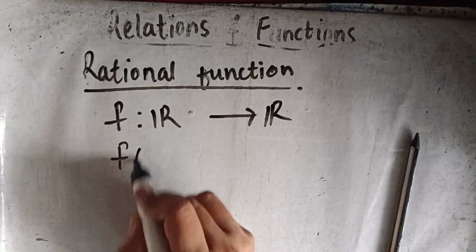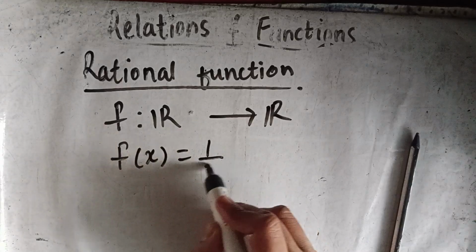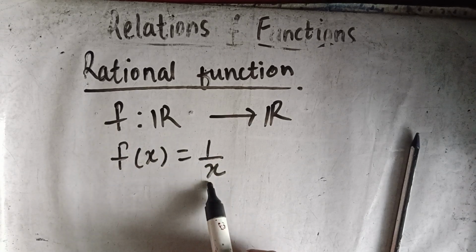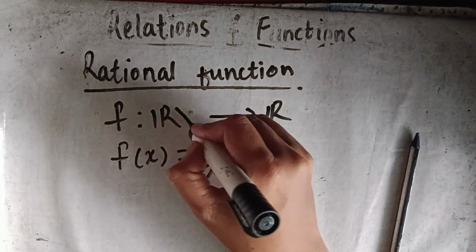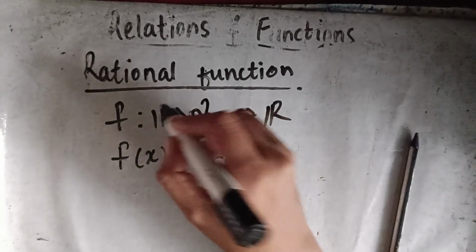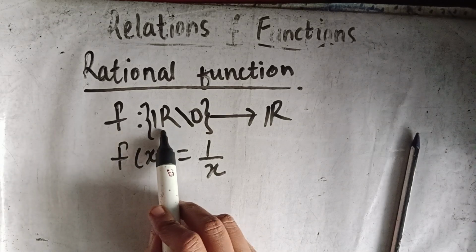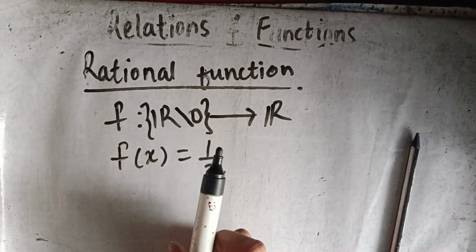That is, if you are taking f of x equal to 1 by x, x should not be 0. If it is 0, then it is not defined, right? So you have to remove 0 from this. So now you can take all the elements except 0.